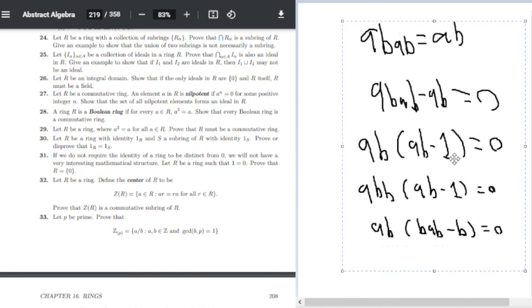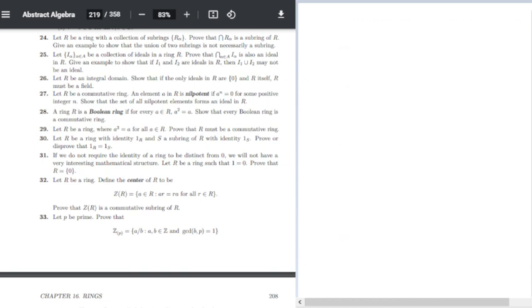Alright, let's revert this. Let's completely rework our assumptions. So suppose that AB is equal to BA. This is the same as saying that AB minus BA is equal to 0. AB minus B is equal to 0. What can we do with this?